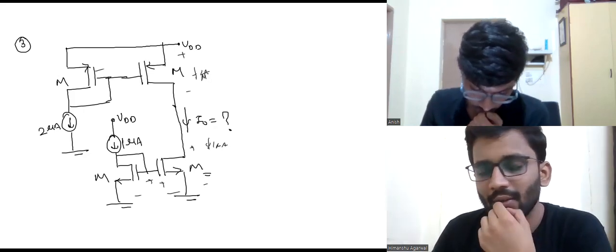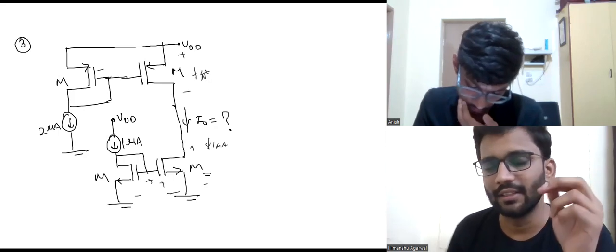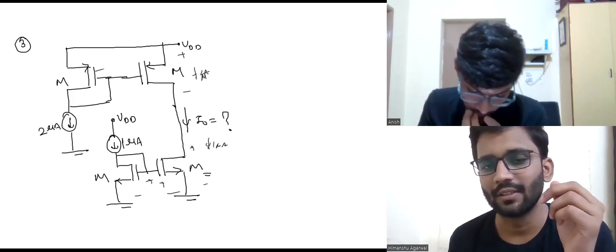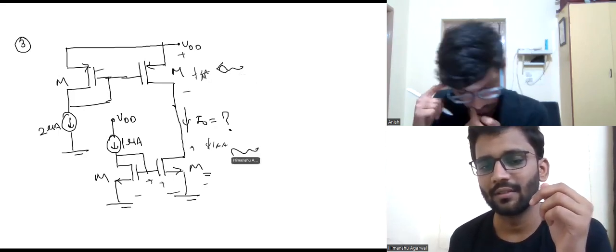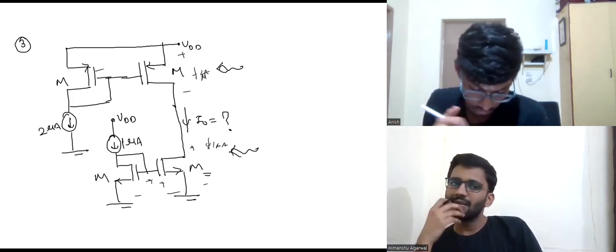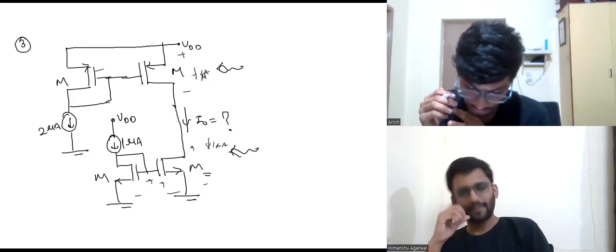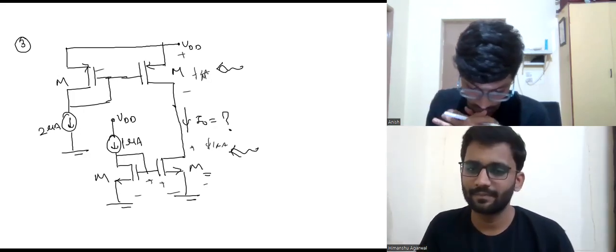Actually, both of them should be in saturation region. So here, if this is not equating, some MOS has to be in linear and another will be in saturation, right?